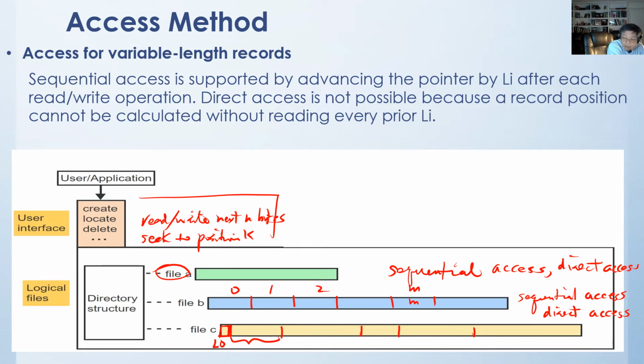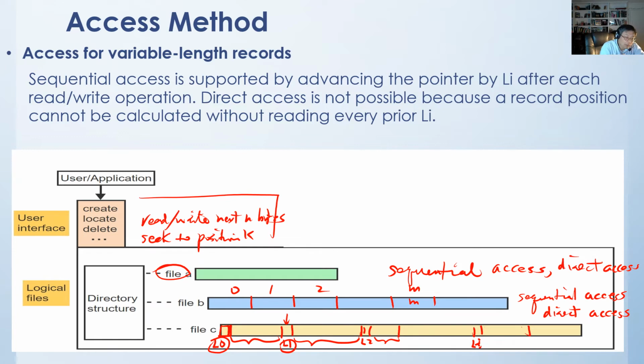Length L1 is for record 1, and length L2 for record 2, and for record I, you have length Li. So with variable length records, each record starts with the record length Li.